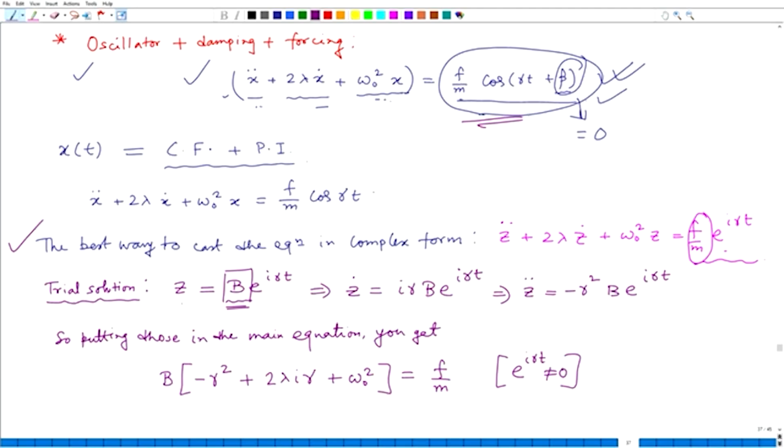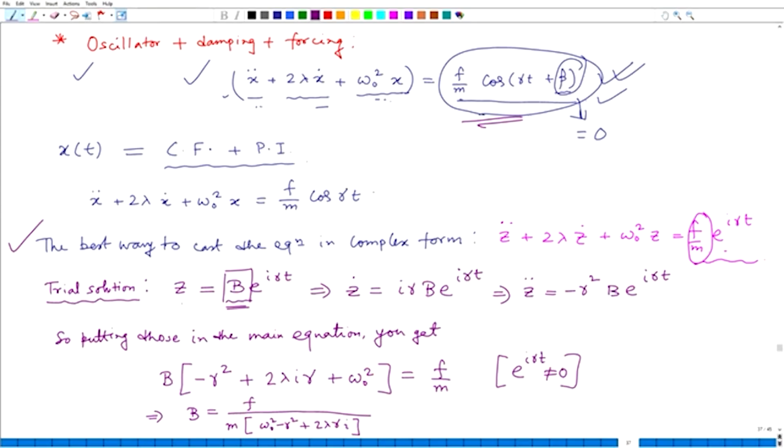And then what will be your B? Your B will simply be F by m times omega 0 square minus gamma square plus 2 lambda gamma times i. This i is imaginary i.